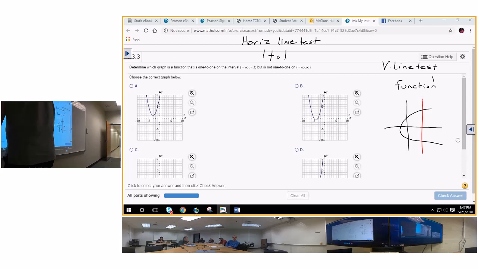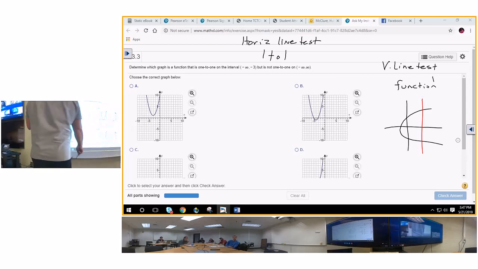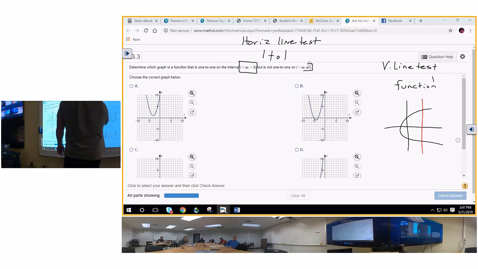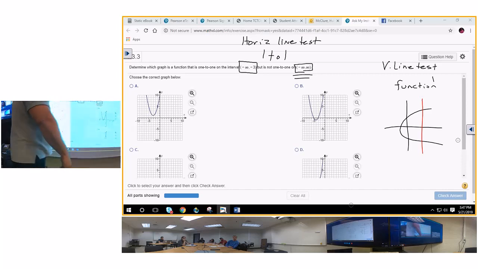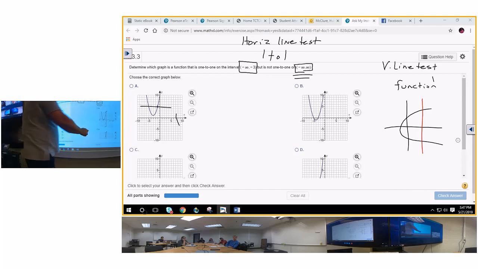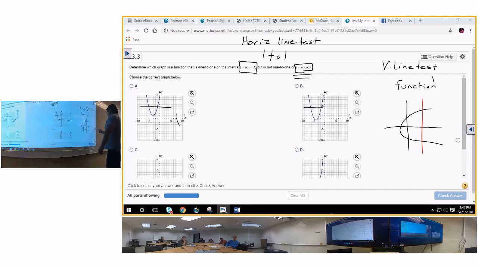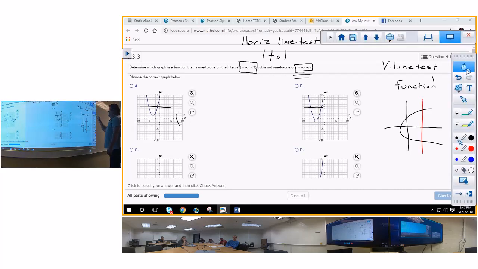Now, the trick with this one is that it's asking you from here to here, but not here to here. The key is: which one is not from negative infinity to positive infinity? Well, this one and this one. I don't know what C looks like. Let me see what C looks like.